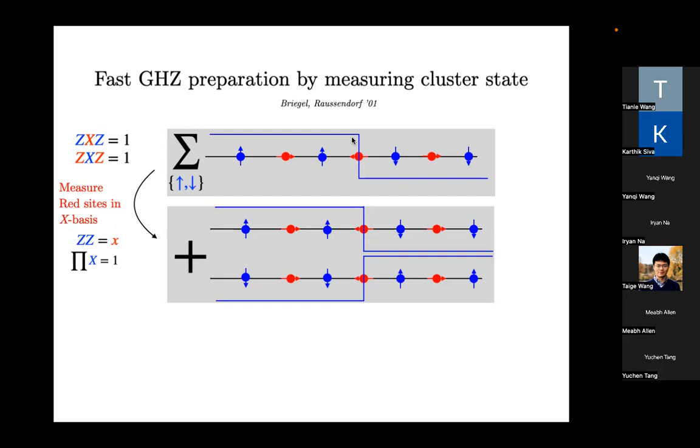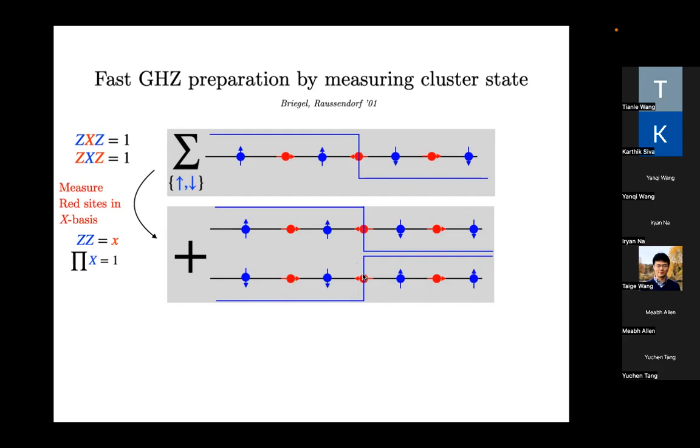The way to see that from this wave function is that I have a fluctuation of domain walls where each domain wall has a charge attached. Now, if I measure the charges in the x basis, that's going to pin the domain walls into a certain configuration. For example, suppose there was a charge here, then it collapses this superposition into only two possibilities: either you had a domain wall where the spins up were on the right or left, or the spin down were on the right.